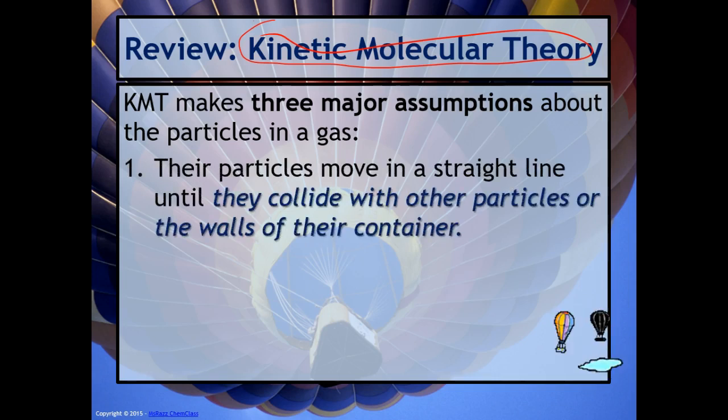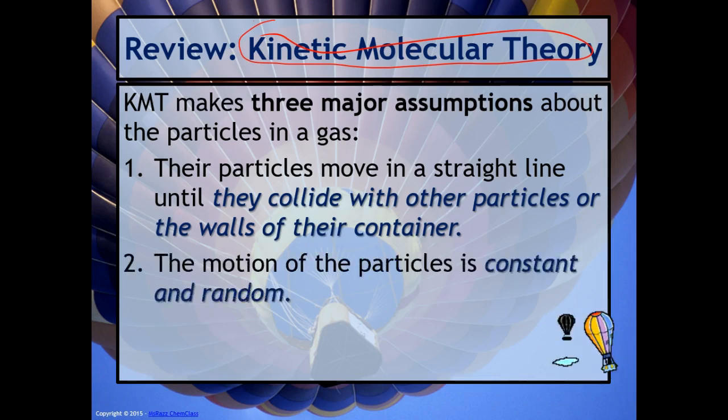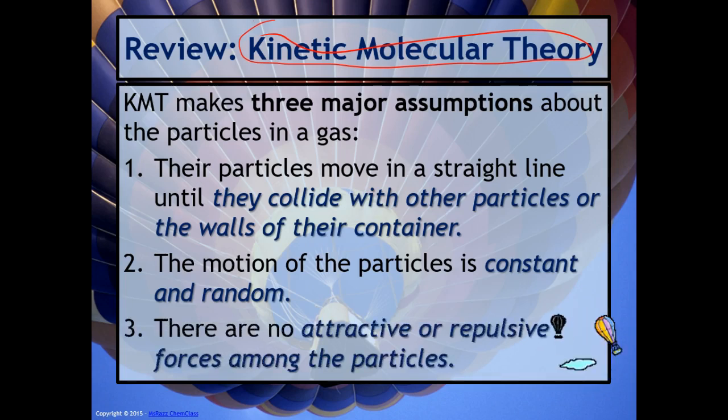Number one, particles move in a straight line until they collide with other particles or the walls of their containers. That's when they start bouncing around and moving faster. They have collisions. Number two, the motion of the particles is constant and random. Most of you know that gases go wherever they feel like it. Number three, there are no attractive or repulsive forces among particles. Make sure you have all three of those major assumptions down in your journal.